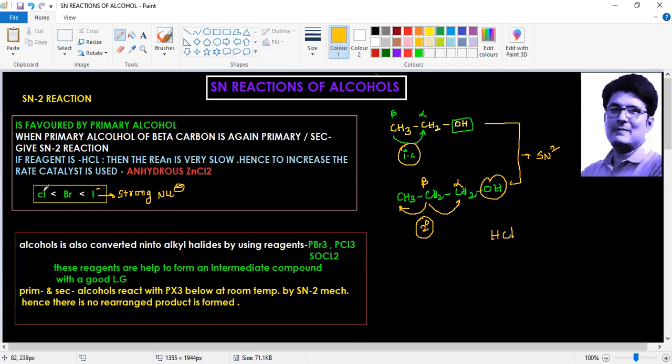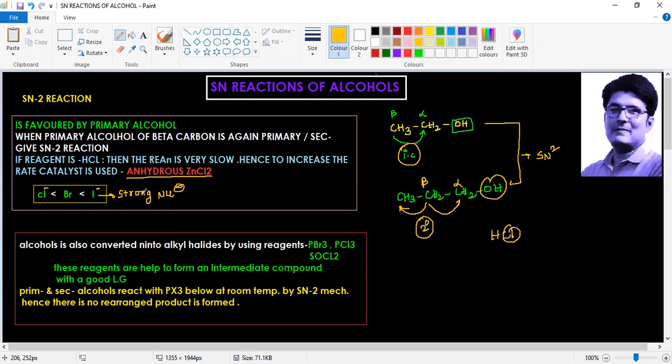So if the reagent is HCl, the reaction would be very slow because it is a very poor nucleophile. Hence, to increase the reactivity, that is the rate, a catalyst is used. What is the catalyst here? Anhydrous zinc chloride is used.